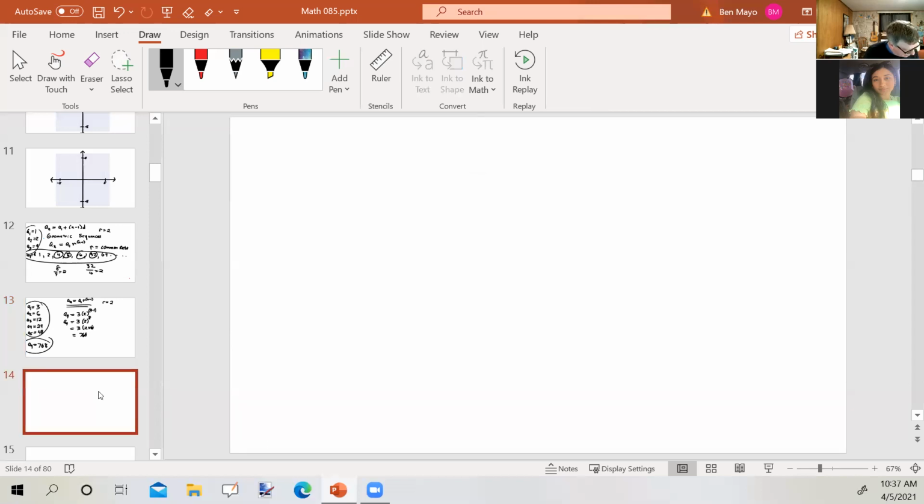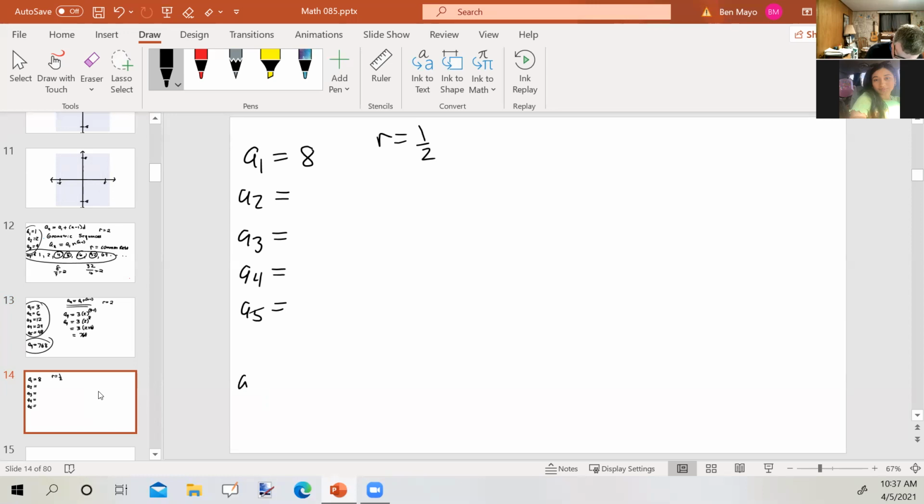It again says to write the first 5 terms, a sub 1, a sub 2, a sub 3, a sub 4, a sub 5. And it says the first term is 8. The common ratio is 1/2. Find the 10th term.